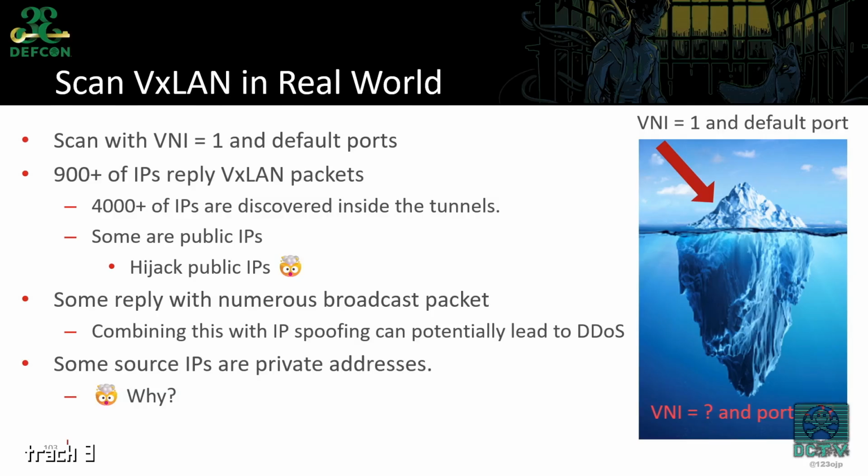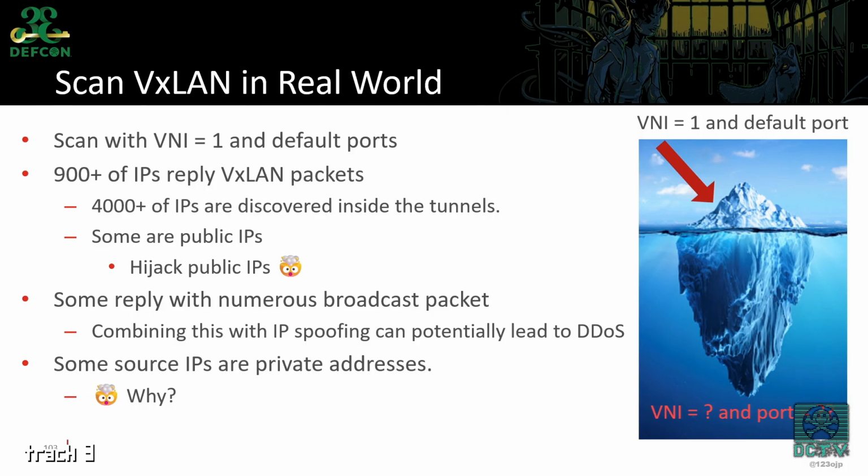We also scanned for insecure VXLAN configurations worldwide. Usually, these use VNI equals 1 and default ports. We found that more than 900 VXLAN endpoints respond to the scanner. Additionally, there are 4,000 IPs inside the VXLAN subnets. Some of these are public IPs, which means we can hijack public IPs.